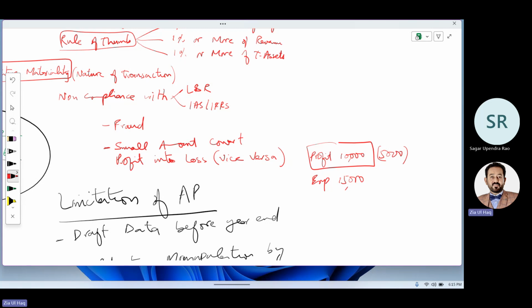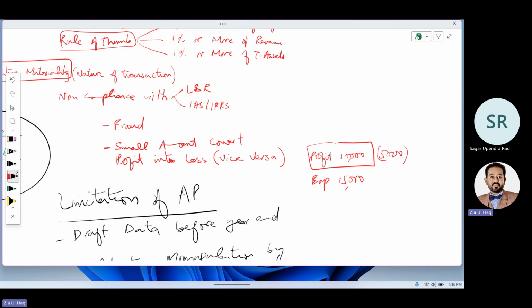If any investor sees a 5,000 loss for the company, they will not invest in this company because it is already loss making. It's already a sinking ship. We are going to lose our money in this company. But if the company is showing profit, even a little bit like 10,000, they will be sure the company is having profit and will improve in future.